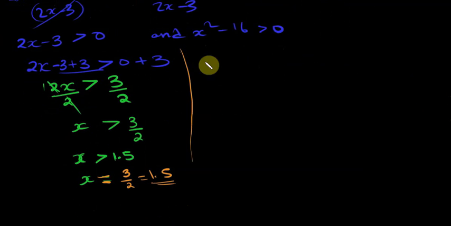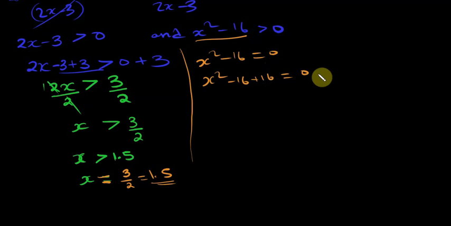And secondly, what's next? Well, we solve this other one as well. So we'll say x squared minus 16 is equal to 0. So x squared minus 16 plus 16 equals 0 plus 16.